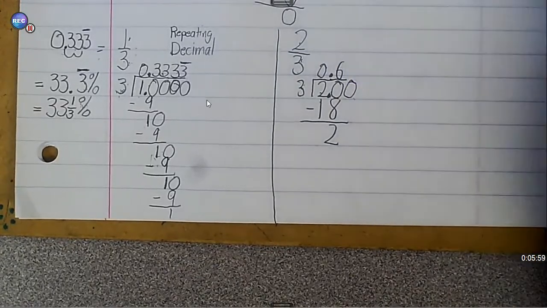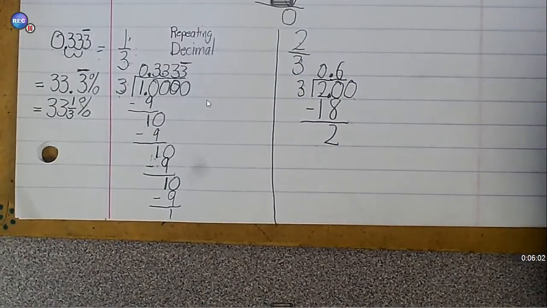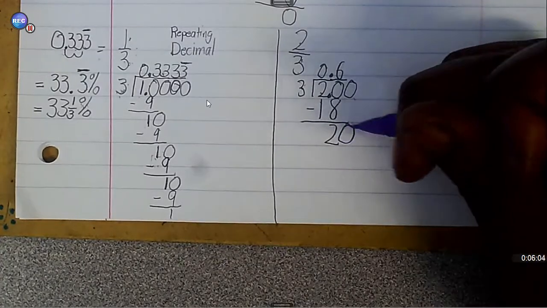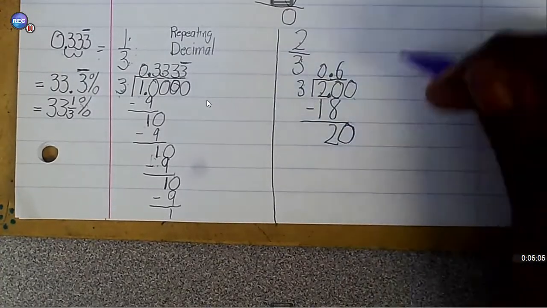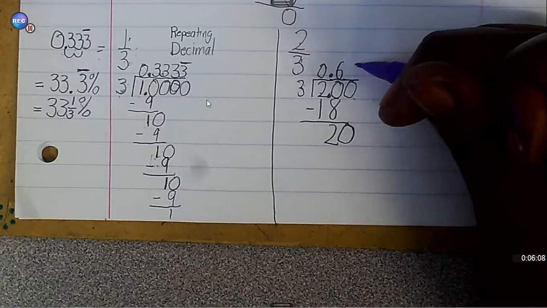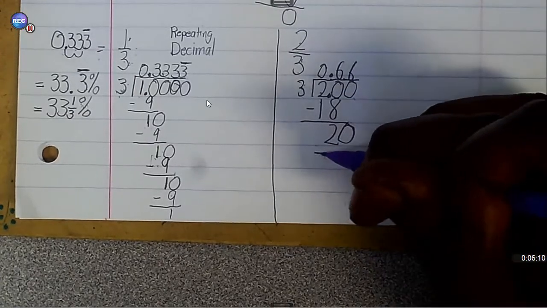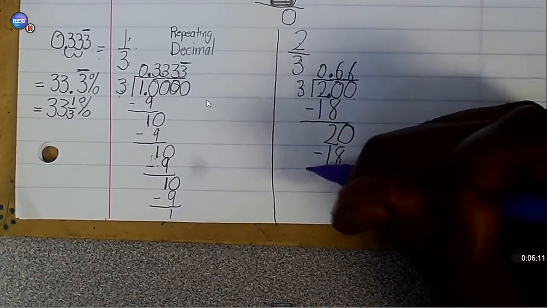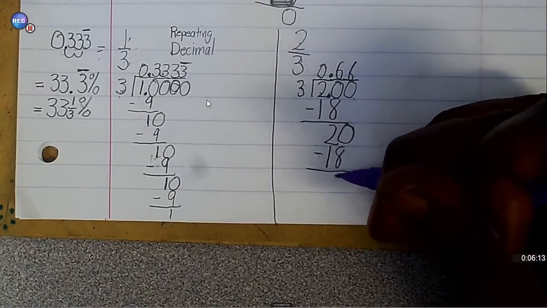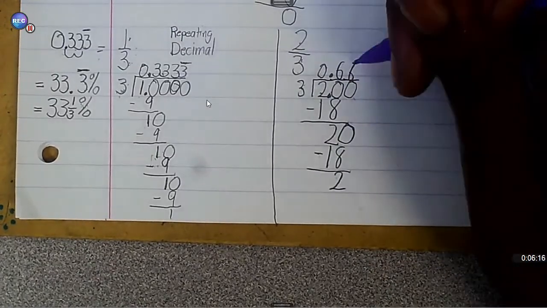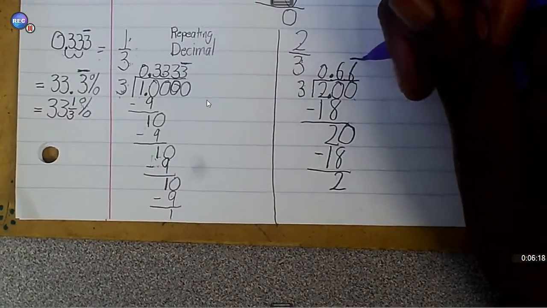Placeholder 0. Bring down the 0. Divide again by 6. Minus 18. That's going to be 2 again. So we know that this is a repeating decimal as well.